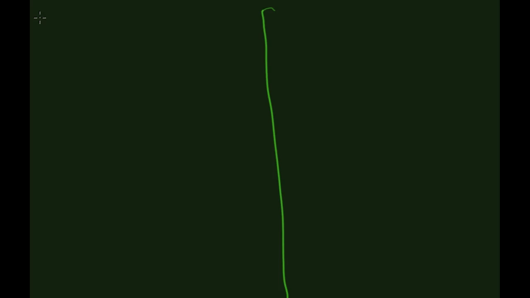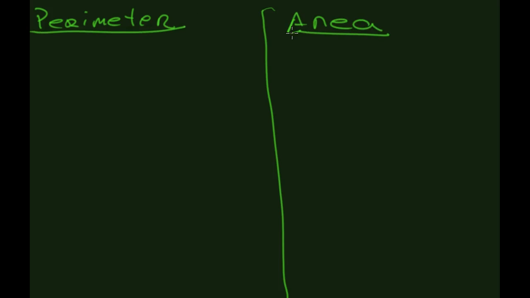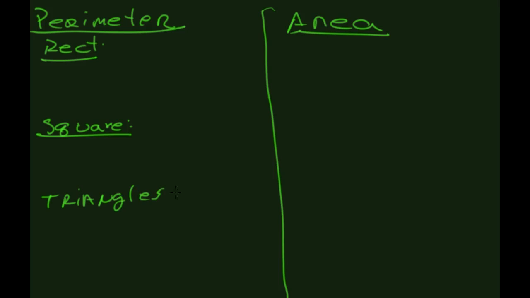We had perimeter, and we had area. And we had rectangles, squares, triangles, and circles.